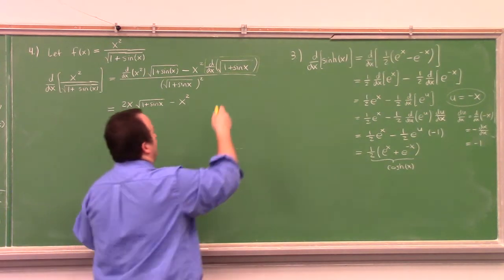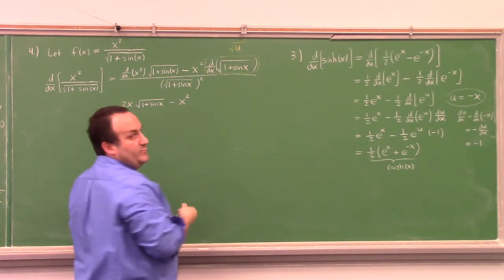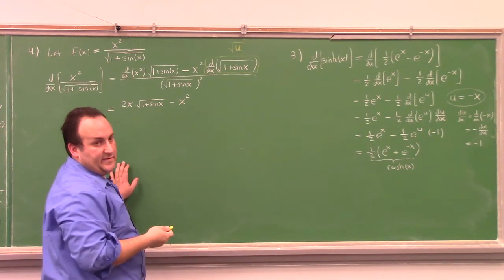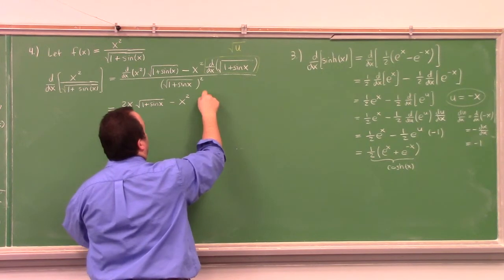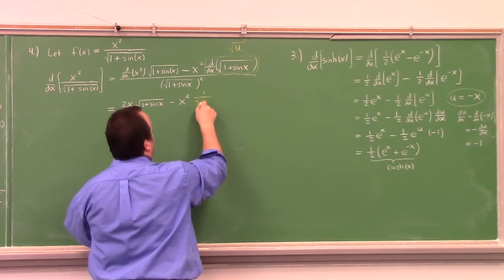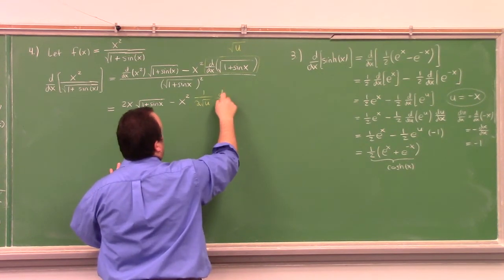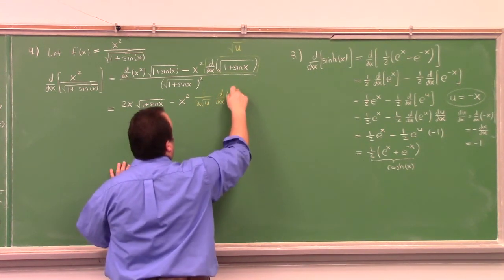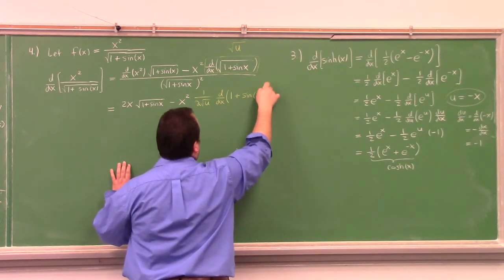You can think of this as the square root of u, where u is equal to 1 plus sine x, right? So the chain rule on that piece gives me 1 over 2 times the square root of u, times d/dx of 1 plus sine x.